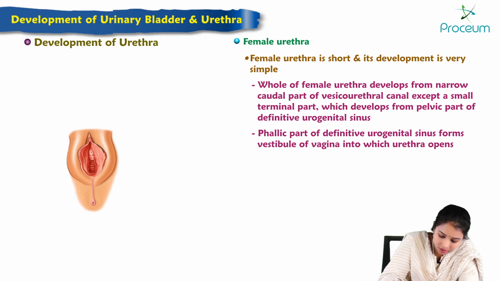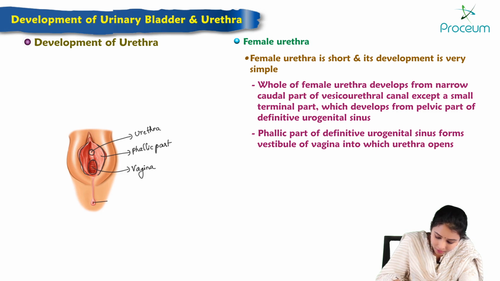This is the vestibule, which is derived from the phallic part. And here is the opening of the urethra in females. And here is the vaginal opening. And this is the anal opening.